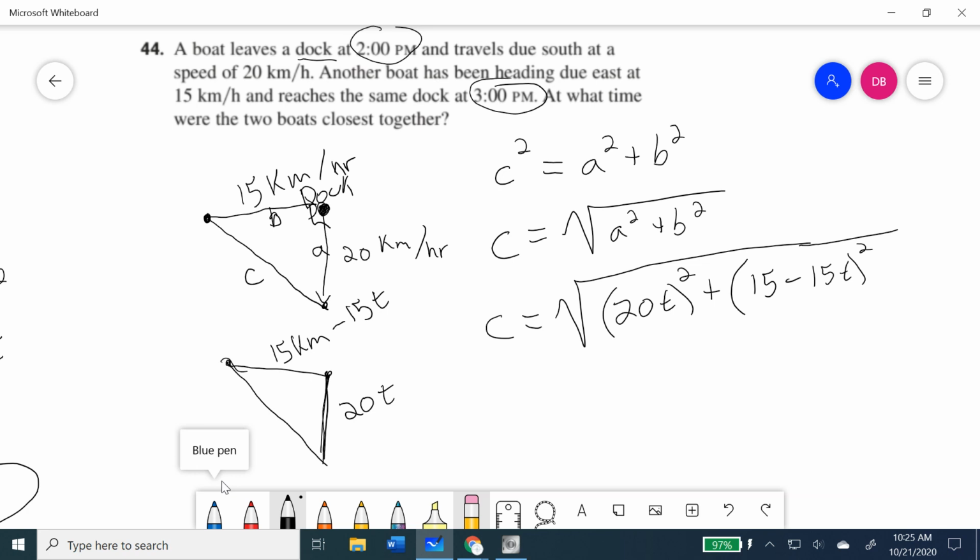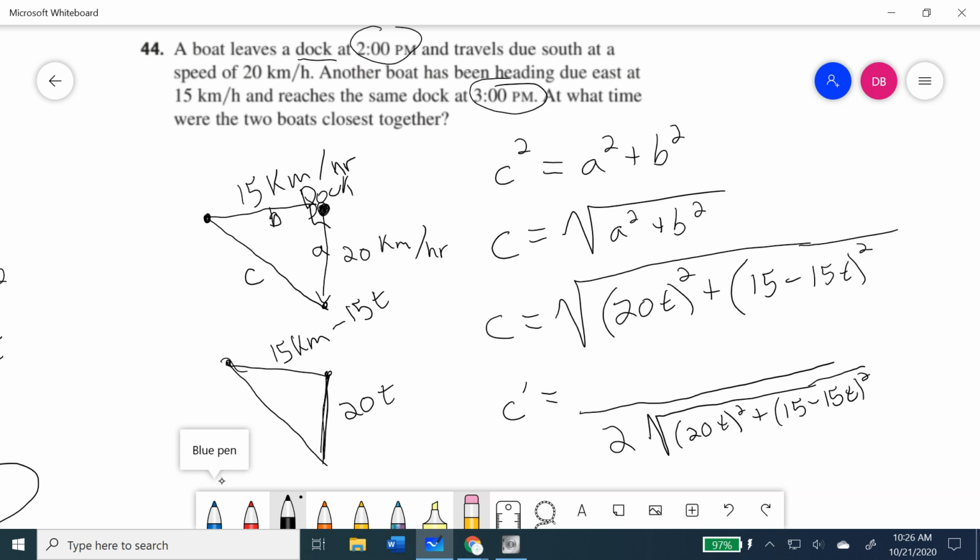So I'm going to now take the derivative. When I take the derivative with the square root part, I'm going to wind up with, in the denominator, 2 times the square root. And then I'm going to multiply into the numerator the derivative of what's under the root.